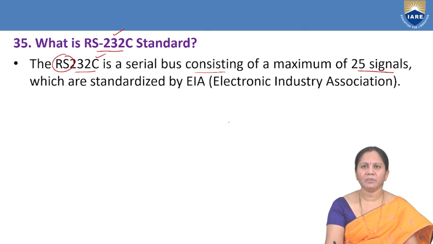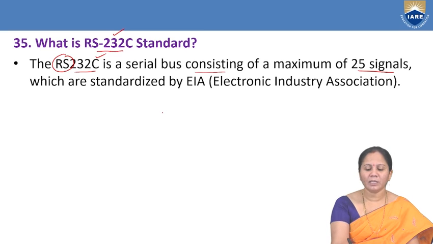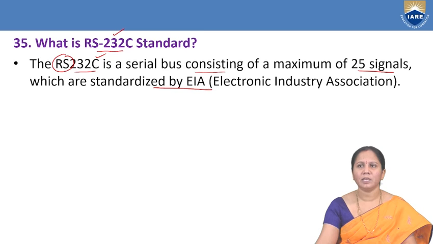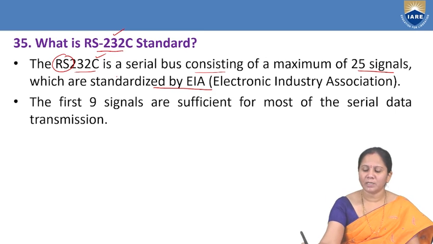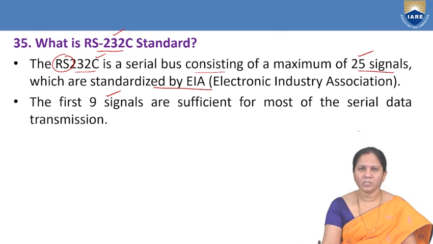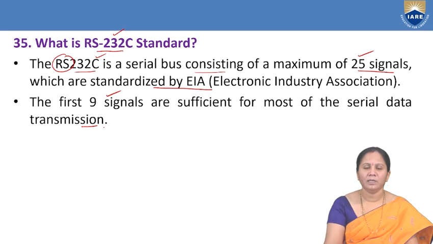Among the 25 signals, a maximum of 9 signals will be used for communication. And this RS-232 is a standard provided by the EIA, that is the Electronic Industries Association. So among these 25 signals, 9 signals are used for serial data transmission.